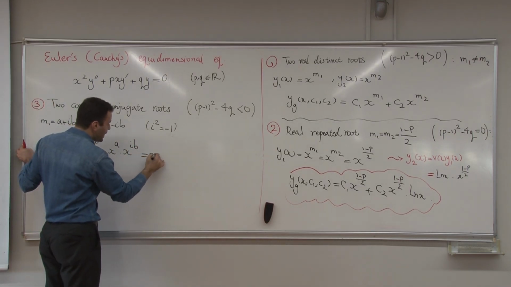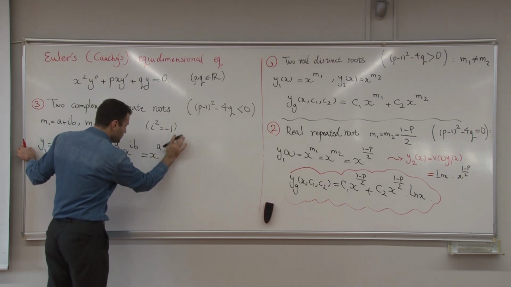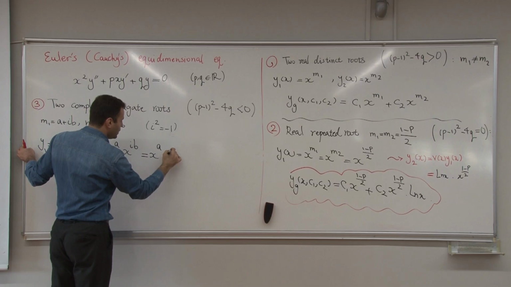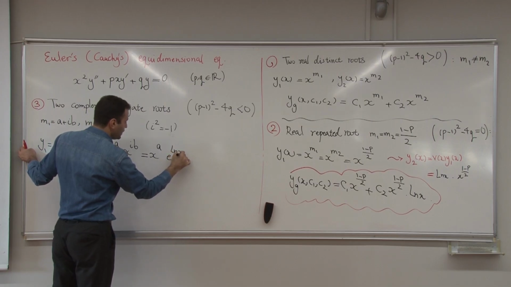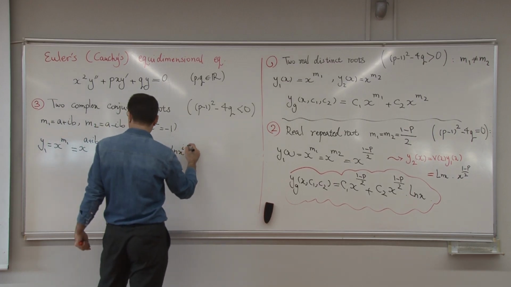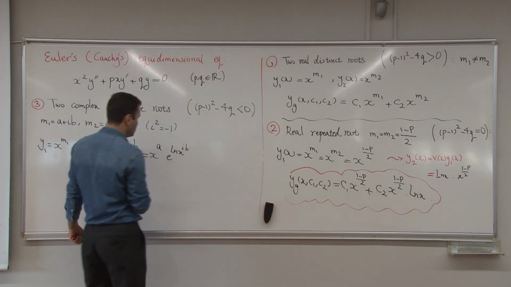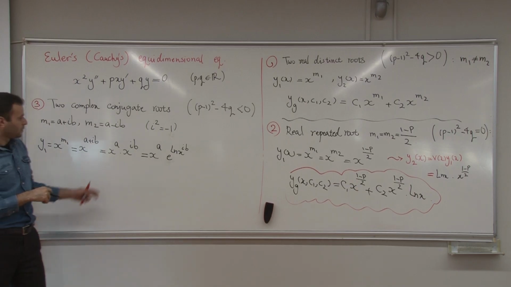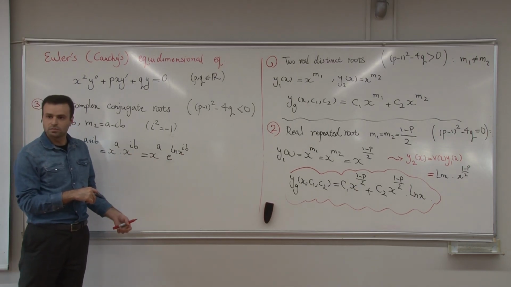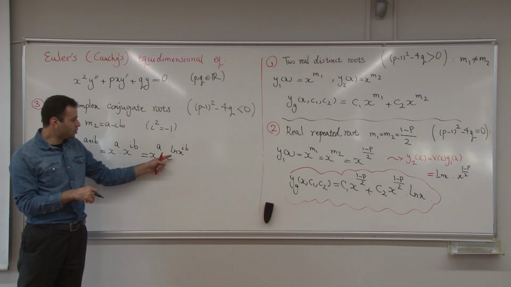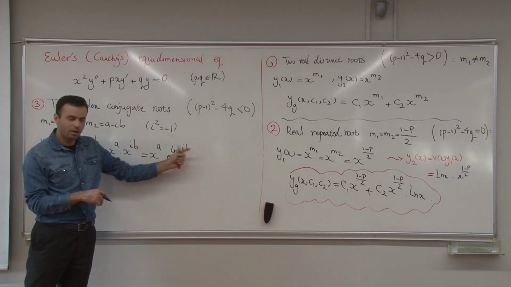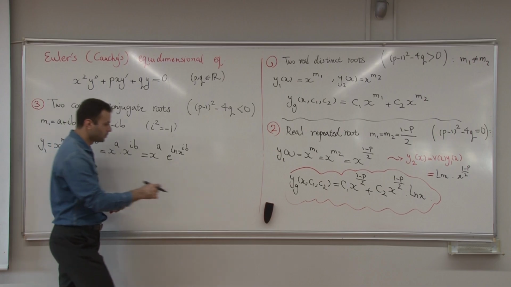Now, can I write this as e to the power of ln of x to the power of ib? Can I write this in this form or not? Exponential and logarithms are going to cancel each other, so I'm going to have x to the power of ib, like what I have here.